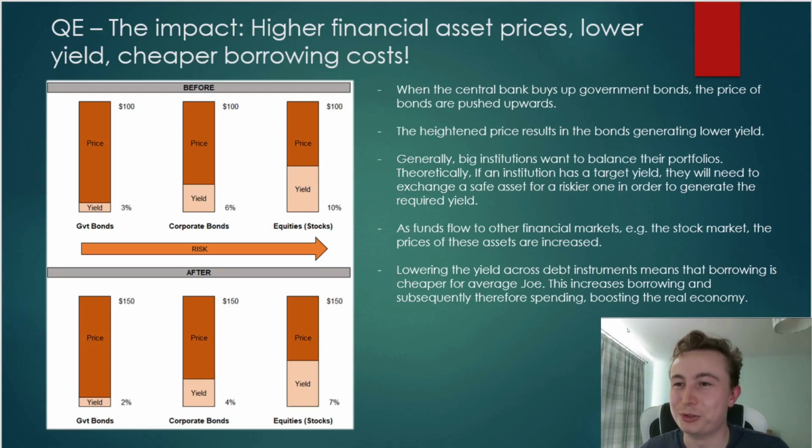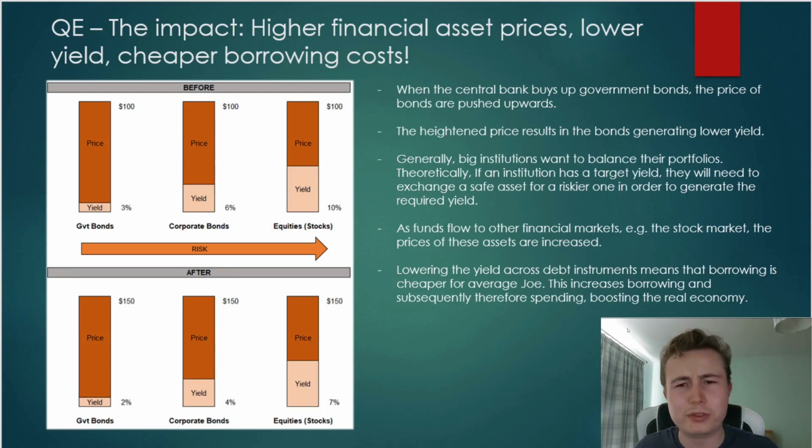We won't go into a detail about the wisdom of borrowing on this video, but what the government wants to do, or what the central bank wants to do, is by reducing the cost of borrowing, by driving yields down, driving interest rate down, they want to encourage spending. They think that if people see that borrowing is cheap, they will go out, they will borrow, and they will plough that money into the real economy.